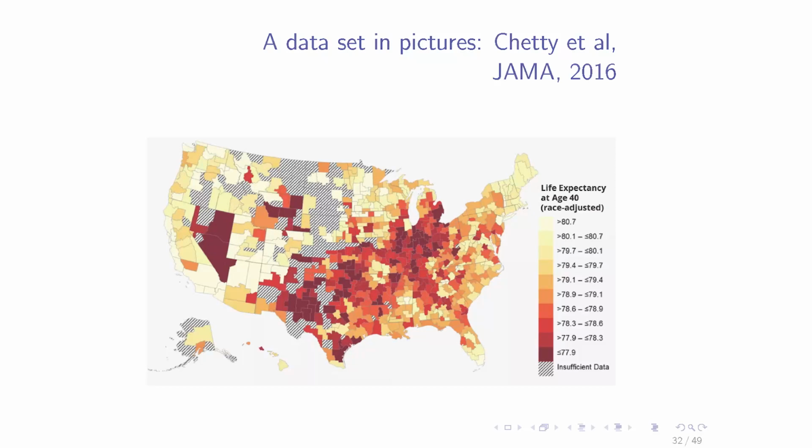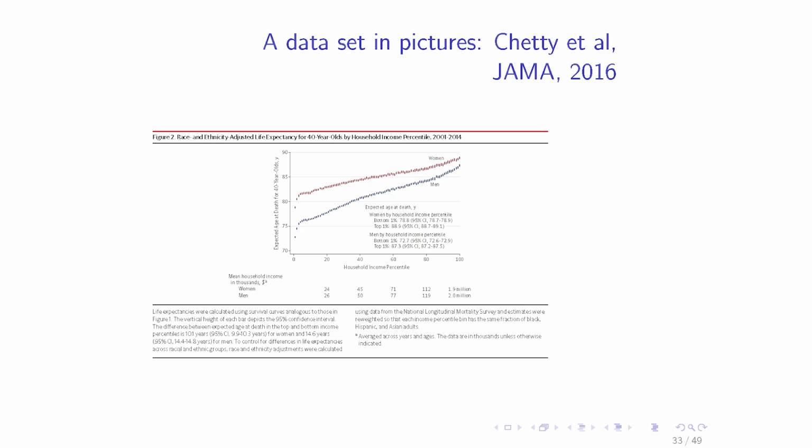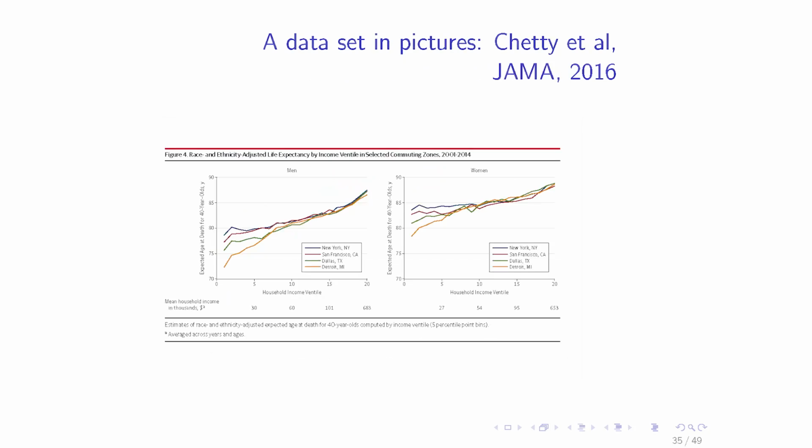Here you have to make some choices because you're not going to be able to combine this entire map, county by county, with this income variation. So you have to say, what should I show that is going to illustrate my case? So they pick 4 cities, New York, San Francisco, Dallas, and Detroit, to make the point.